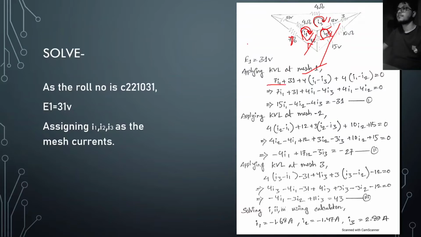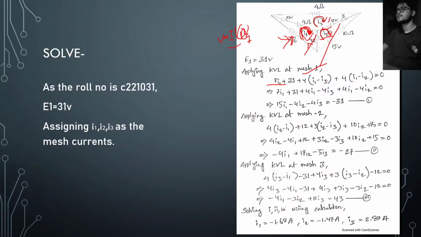Here 7I means V is equal to IR as per Ohm's law. R is equal to 7 and I1 is equal to I. So we have written 7I, then 31 volts, then 4 into I1 minus I3.